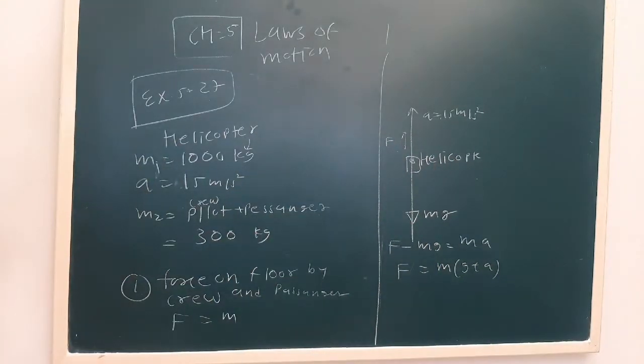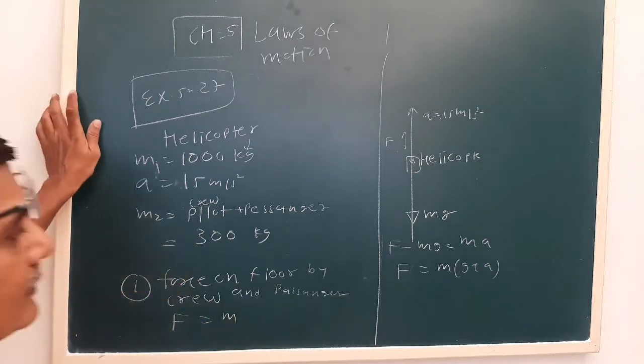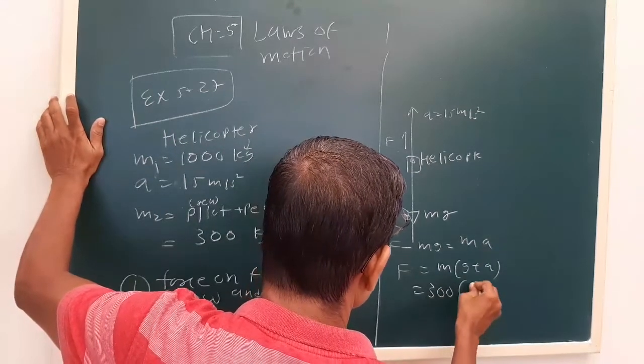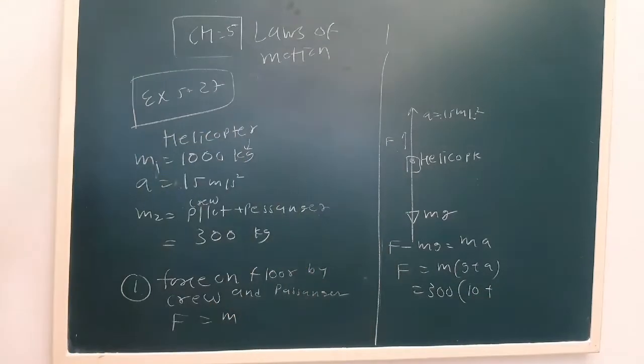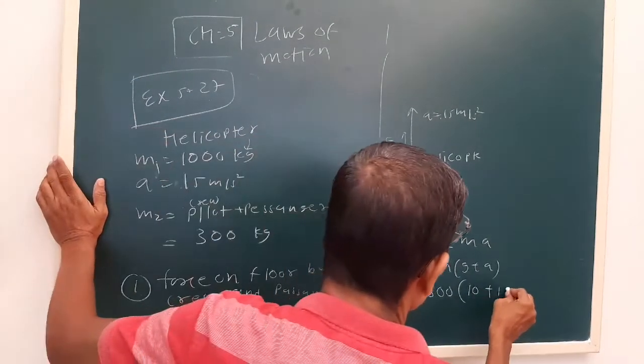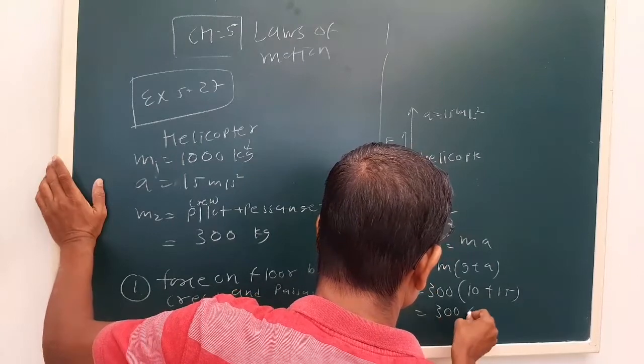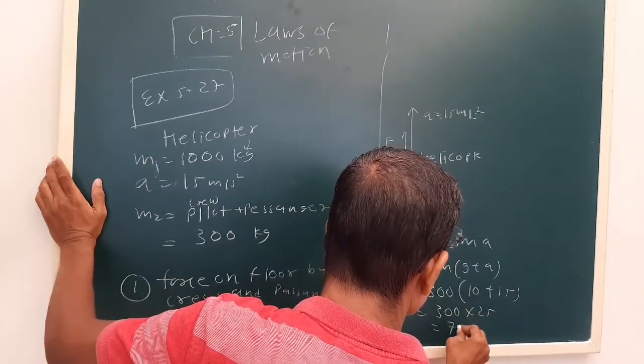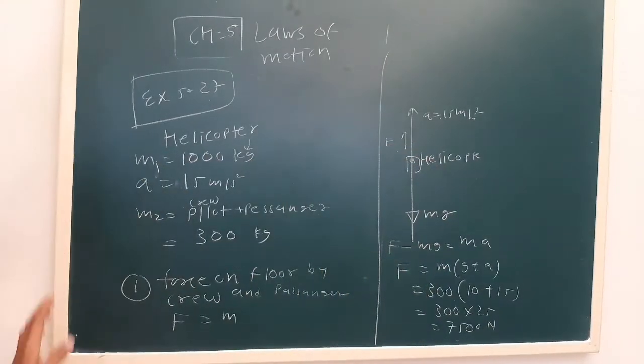Here we consider the force on the floor by crew and passenger, m is 300, g is given as 10 and acceleration given as 15. This is the first part of the question.